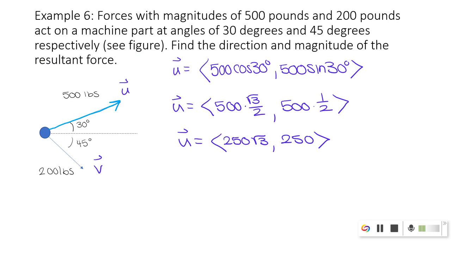So vector u has a magnitude of 500 and makes an angle of 30 degrees. Earlier we learned that we can write that vector in component form by taking 500 times cosine of 30, magnitude times cosine of the angle, and then the vertical component would be 500 times sine of 30.